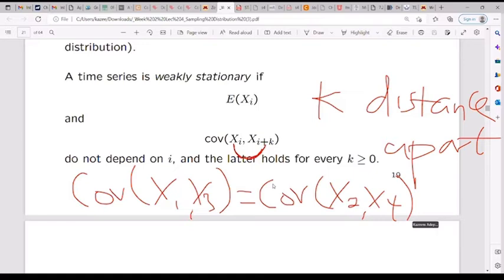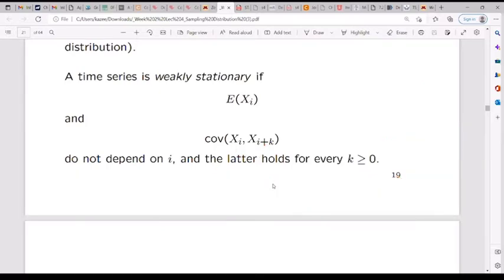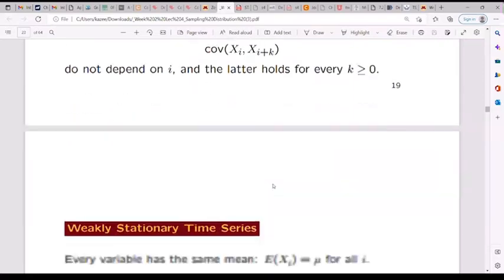If you look at the distance, 3 minus 1 is 2, and 4 minus 2 is 2. When they are k distance apart, we expect their covariance to be the same. That is why we said this does not depend on i, it is constant over time.